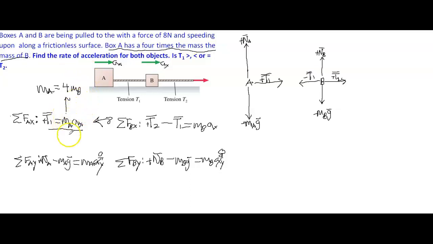So there's a lot of stuff going on here. So I'm going to define T1 in terms of mass B, which is 4 mass B times the acceleration in the x direction.